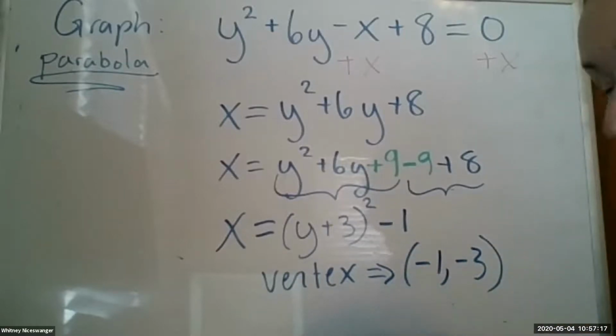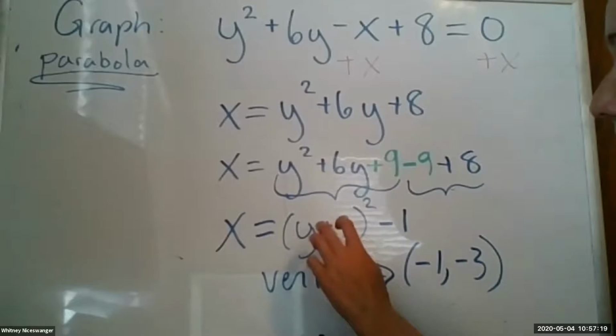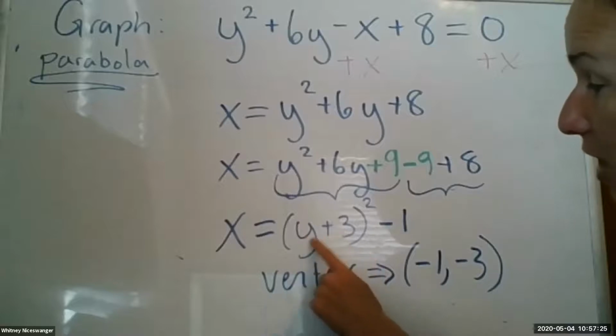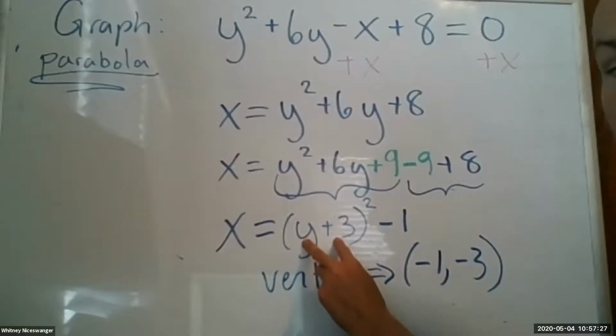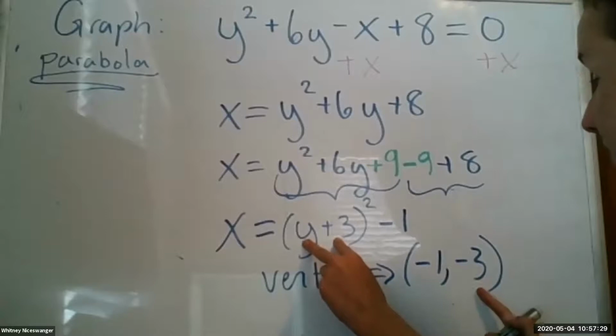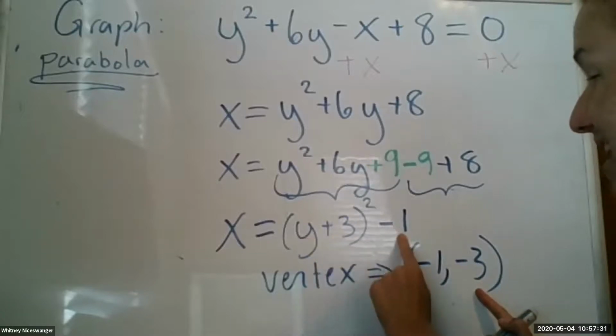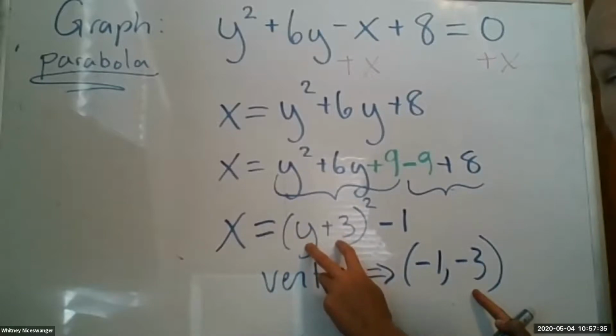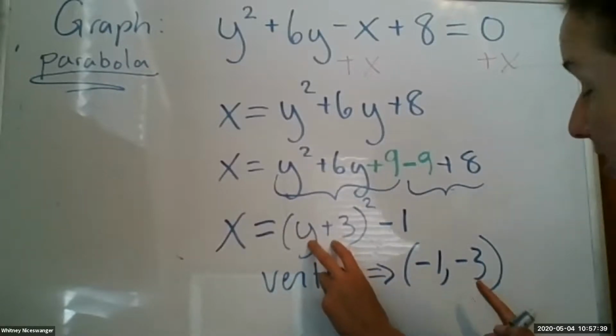Now our vertex, remember the thing in parentheses with that variable is the one that affects the y. So now it's a -3 is our y coordinate, and -1 is our x coordinate. So it's the opposite when it's close. Y is close to a +3, so the y coordinate is a -3.